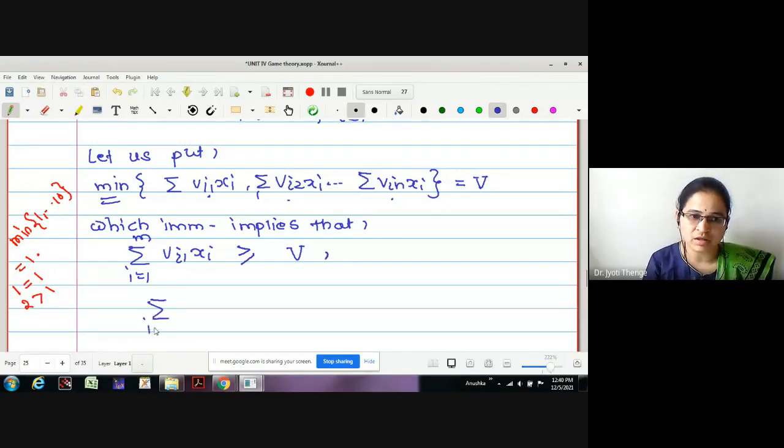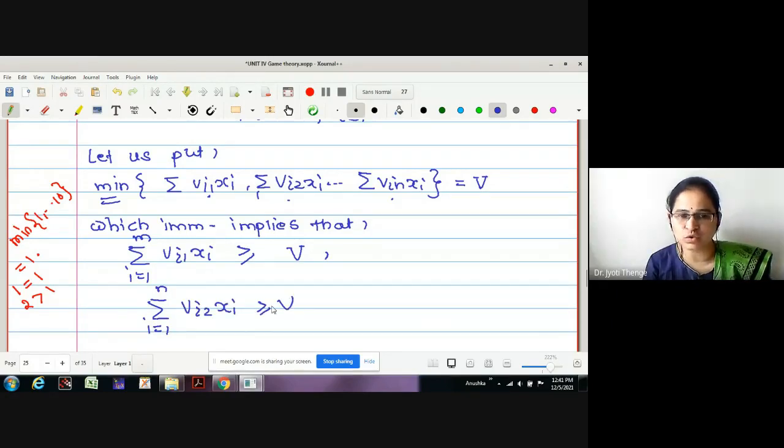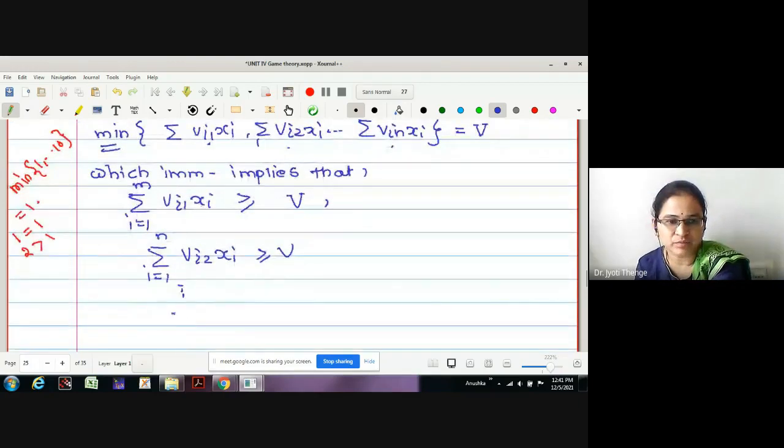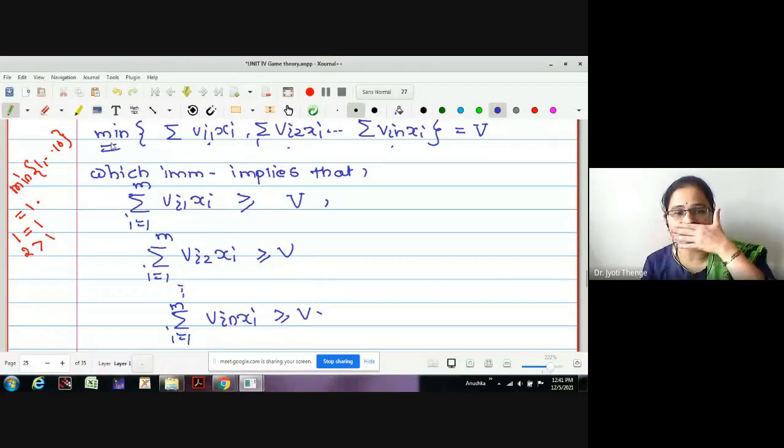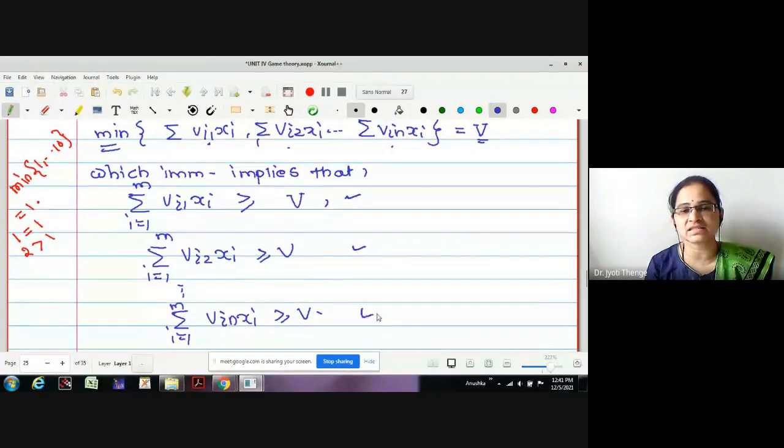Summation i equals 1 to n vi2 xi is also greater equal to v, and summation i equals 1 to m vin xi is greater equal to v. Therefore, if I want to remove this minimum of the set equal to some v, I will add these as the constraints.